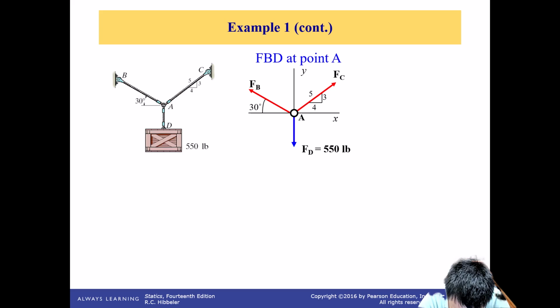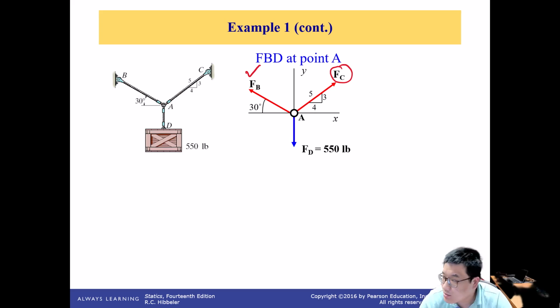The cable AB has a tension on point A, and its angle to the horizontal line is 30 degrees. That's the direction of FB. FC is the tension from the cable AC to point A, and we also draw its direction using the slope.